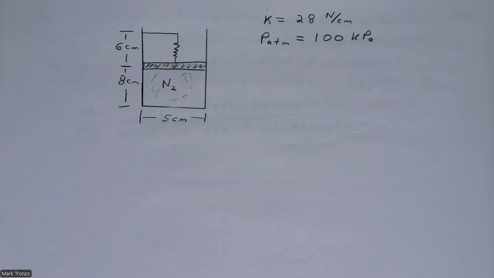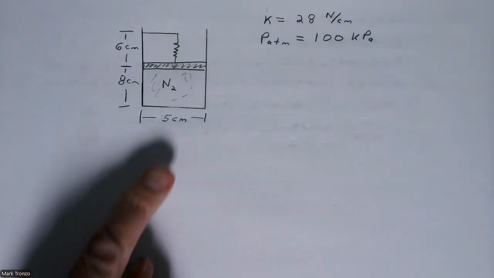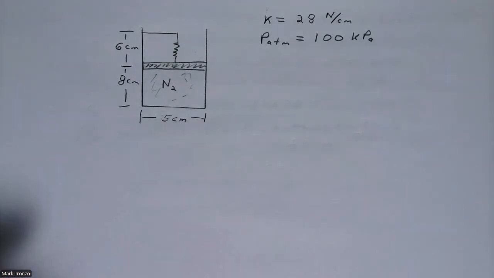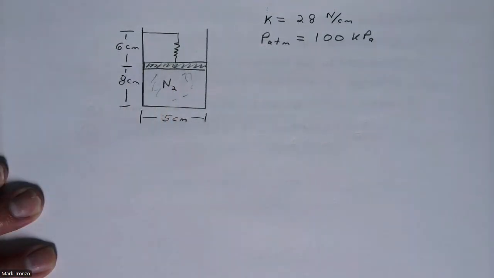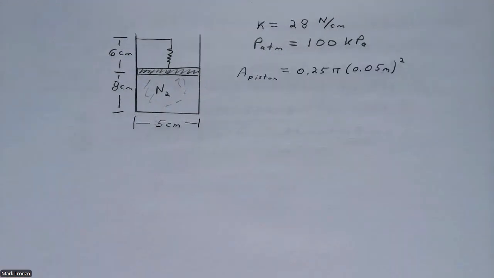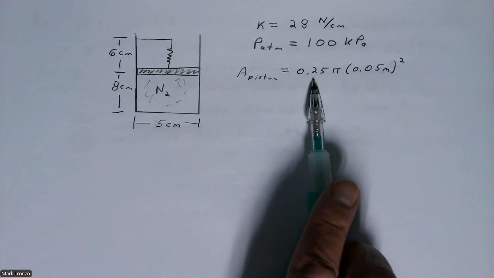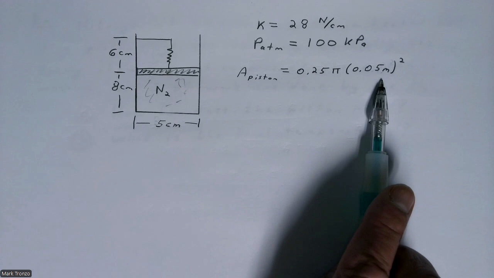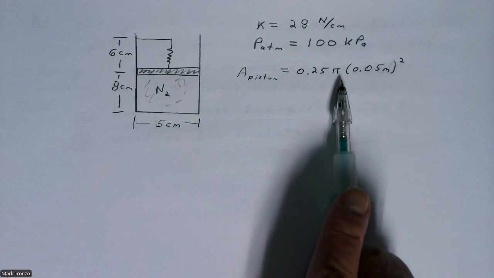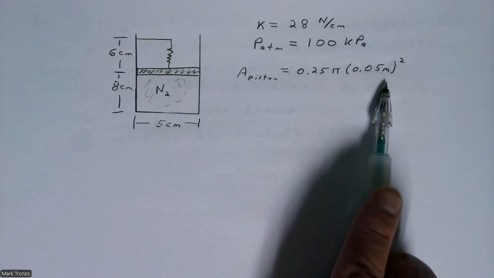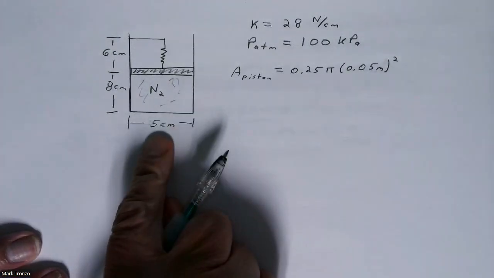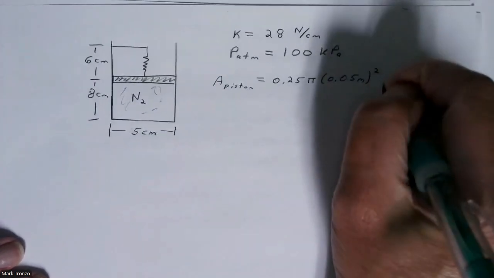Now we're going to end up needing the area because we're going to be talking about pressure on the piston, etc. So I'm going to find the area of that piston. And of course, the area of the piston is going to be 1/4 pi diameter squared, or you could have used pi radius squared. Either one would work. Of course, you'd have to divide the diameter by 2 if you use the radius.